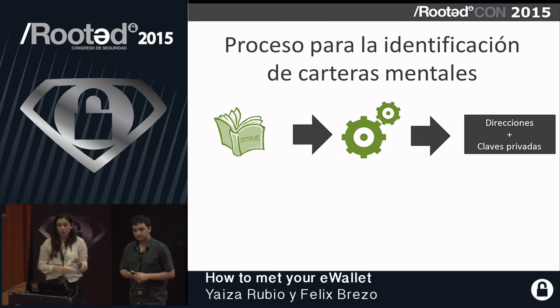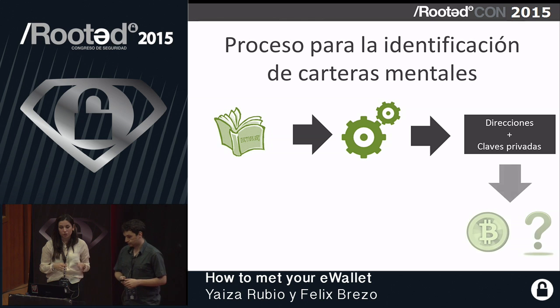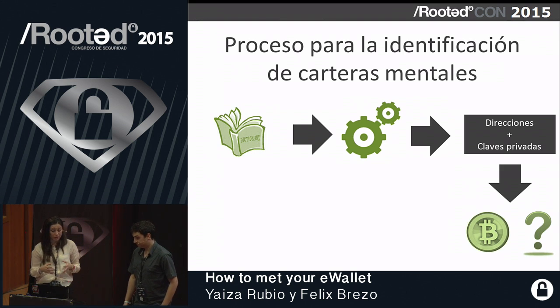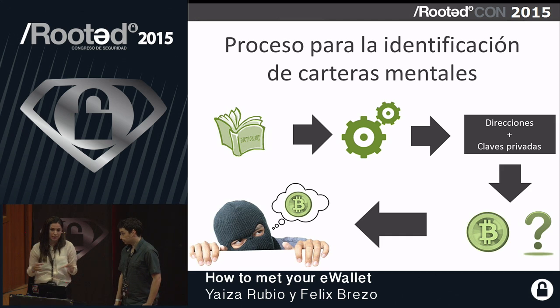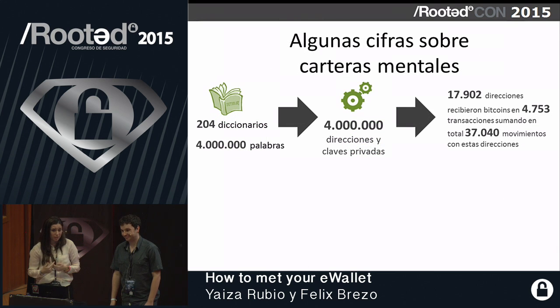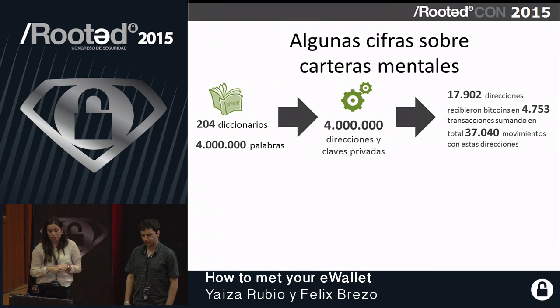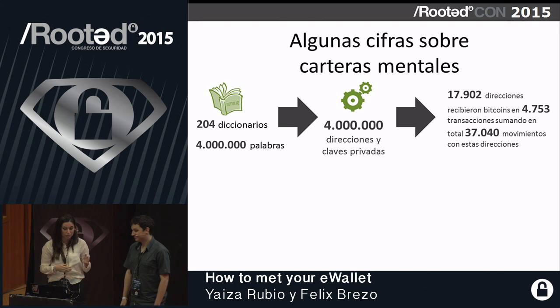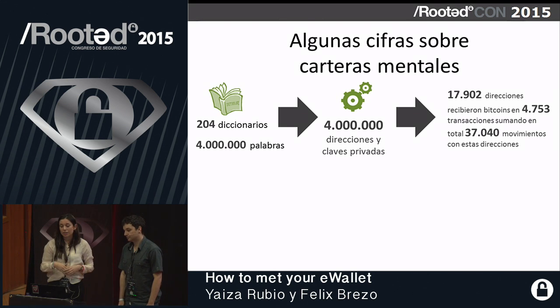Firstly, we have to consider the mental wallets, the process to identify them. If these areas contain bitcoins, the attacker will be there to steal the money. This process will be carried out, and we have identified 204 dictionaries.